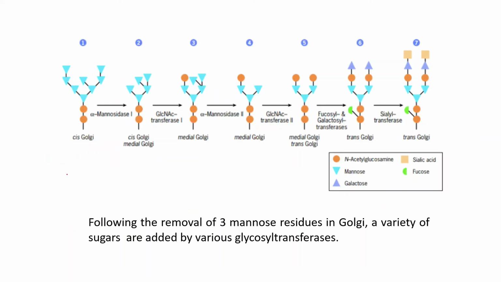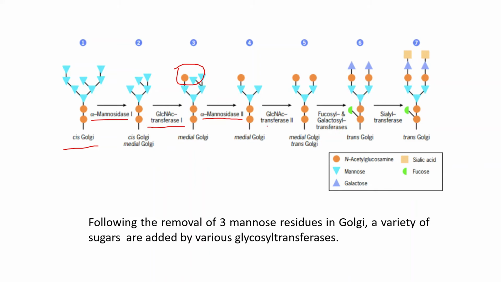Here, this figure shows nothing but whatever I have explained till now. In cis Golgi, alpha mannosidase is acting, where it removes the mannose residues. Then N-acetyl glucosamine transferase is acting and it is adding one N-acetyl glucosamine residue to the N-linked oligosaccharide. Then again, alpha mannosidase 2 is acting and removing two more mannose residues.